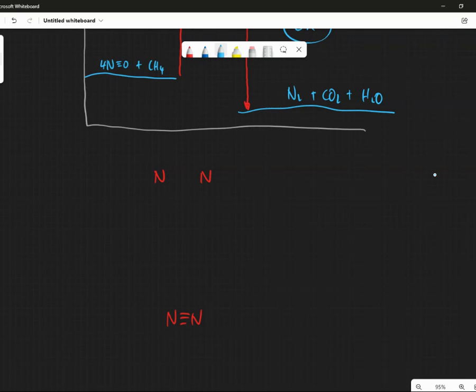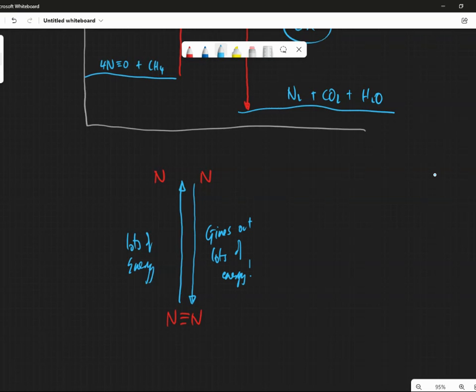One thing you know for sure is that to break this requires lots of energy, because it's a triple bond. But therefore, if the thing is made, it gives out lots of energy.